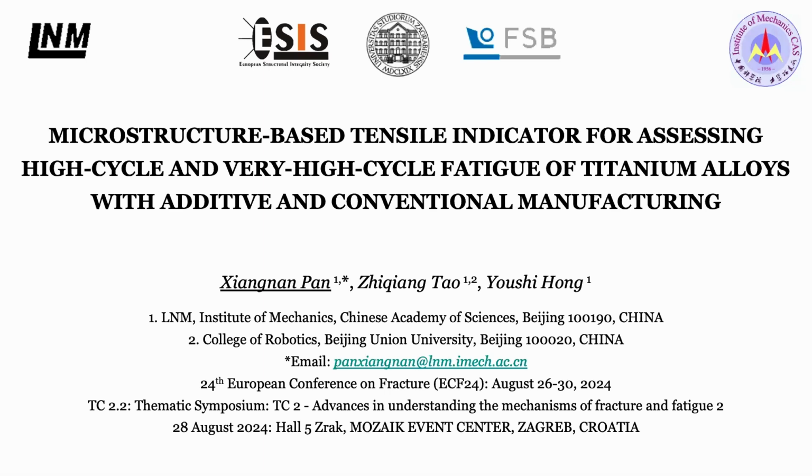Today I will share our recent research viewpoint and ongoing work about how to assess high cycle and very high cycle fatigue of titanium alloy with additive and conventional manufacture, just with a microstructure-based tensile indicator.